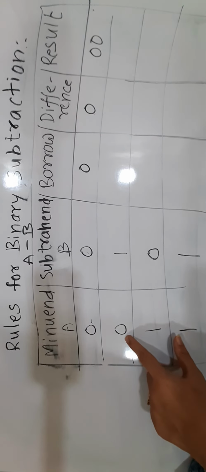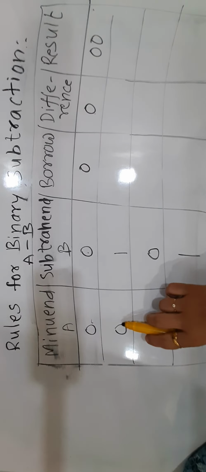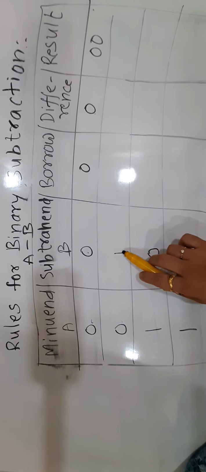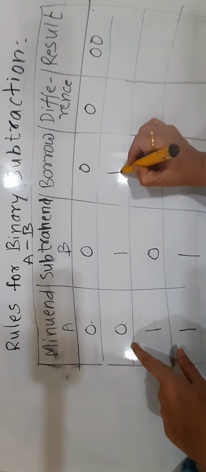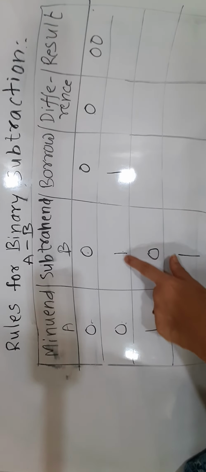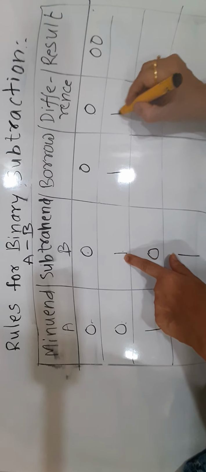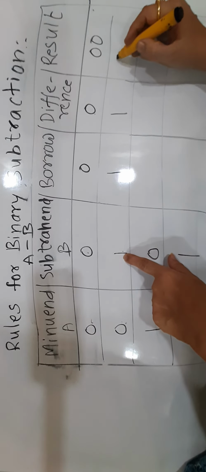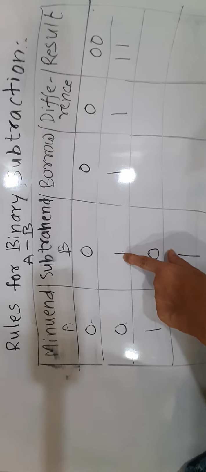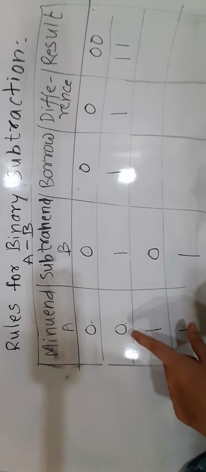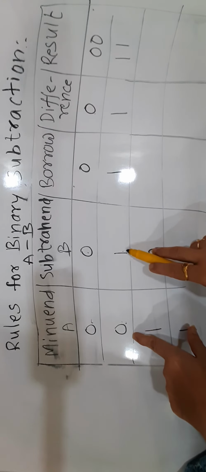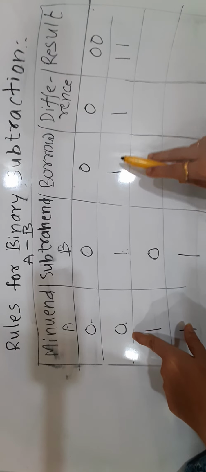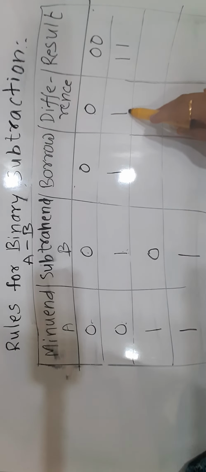Now if a is 0 and b is 1, we are subtracting a larger number from a smaller number, so there will be a borrow of 1, and 0 minus 1, difference will be 1, so the combined result will be 1 1. Again, I am repeating, we are subtracting a larger number from a smaller number, 0 minus 1, so there will be borrow 1, difference will be 1, hence the combined result will be 1 1.